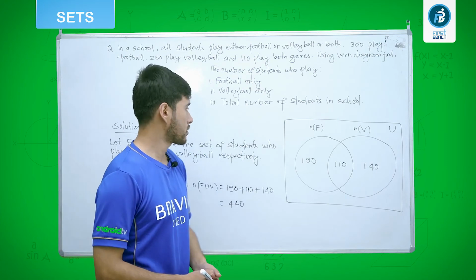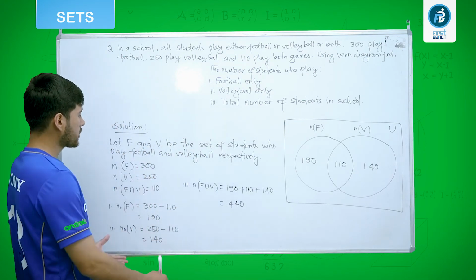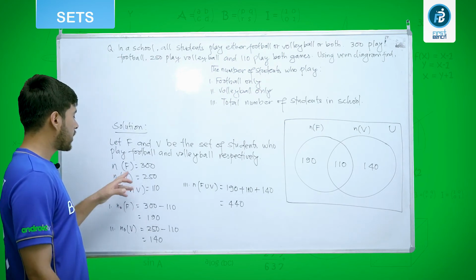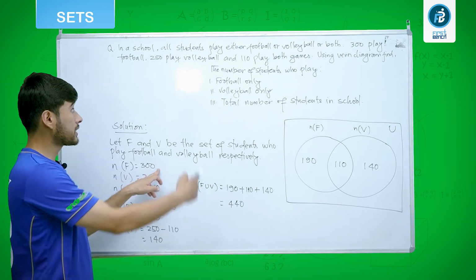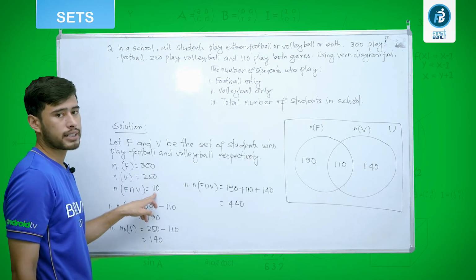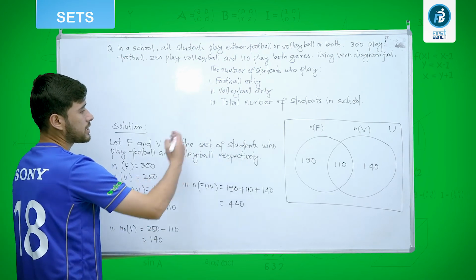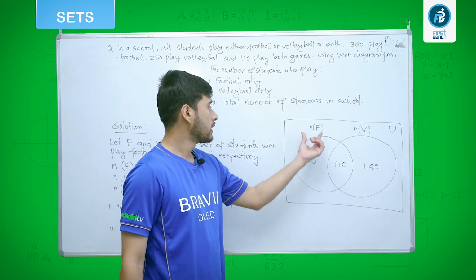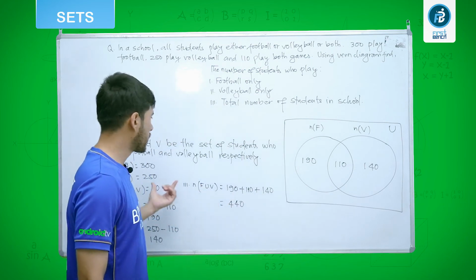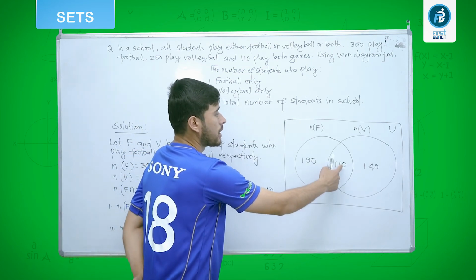Okay, what is the total number of students in the school? For this, we suppose F and V are the sets of students who play football and volleyball. Students who play football, 300, is given, volleyball, 250, is given, and both games, that is the common part, 110, is given. According to this information, we draw the Venn diagram. This NF means the number of students who play football, that is 300. Now, 110 is common.